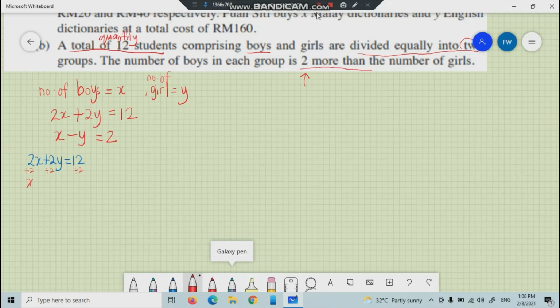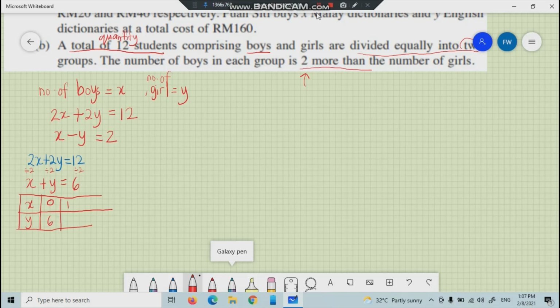So we have x plus y equal 6. So we create our table just like question A, x and y. We can start with 0. When x is 0, y is 6.